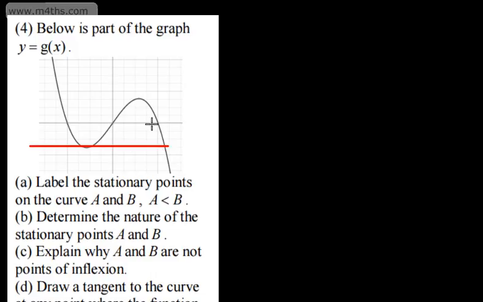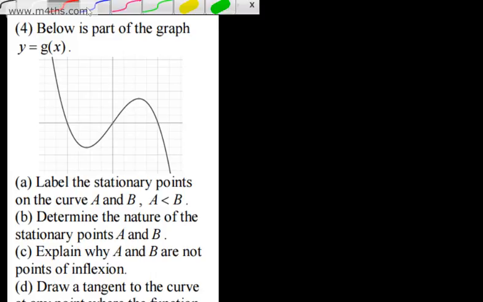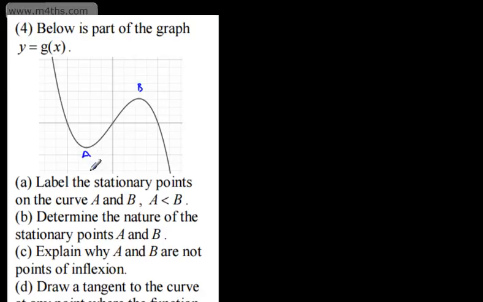We can see that these 2 points are where we're stationary. So if I drew a tangent to the curve just here and a tangent to the curve just here, that is where we would have the stationary points. So we can say that B is going to be just here and A is going to be just here, as we're told that B is greater than A. So this is going to be B, this is going to be A.